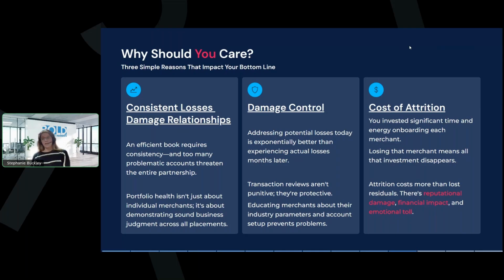And now they say, well, I want my funds. And we're saying there's legitimately nothing we can do about it. You don't have enough funds in your bank account for this extremely large chargeback.